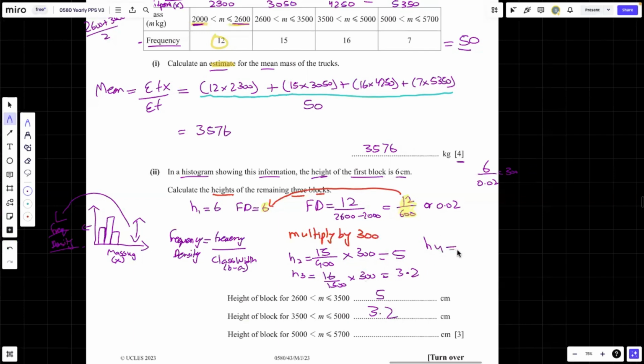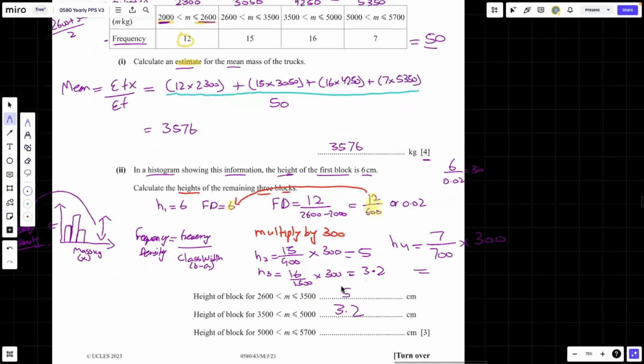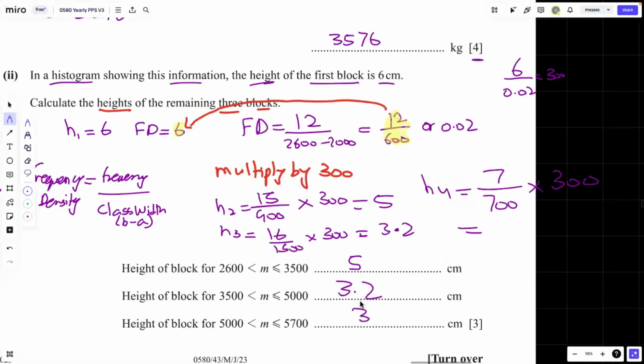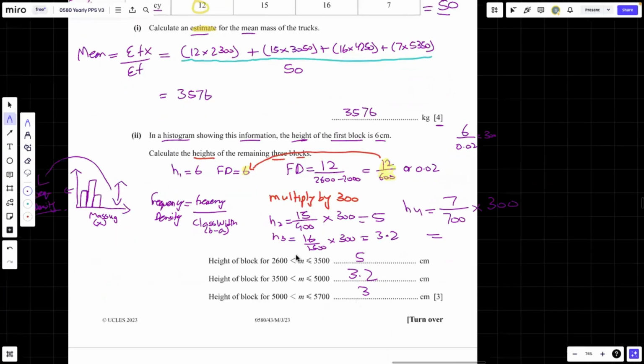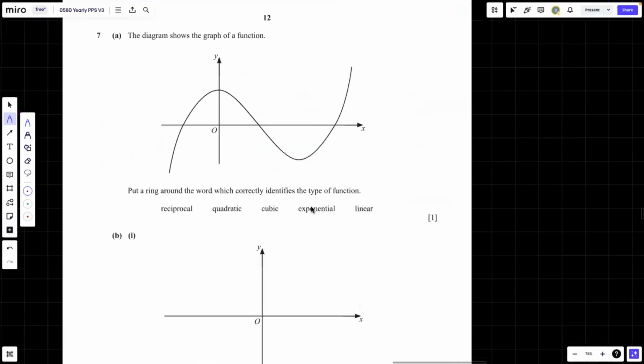And lastly, the height of the fourth block is frequency 7 over class width, which is 5700 minus 5000, which is 700, times 300. That's your multiple. That's 7 over 700 times 300, which gives us 3. So 5, 3.2, and 3 are the heights of the remaining 3 blocks. The first one was already found for us.